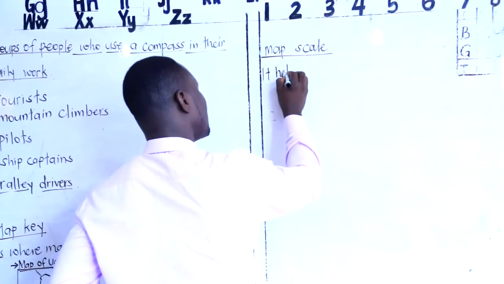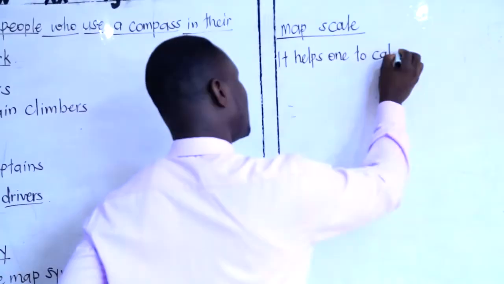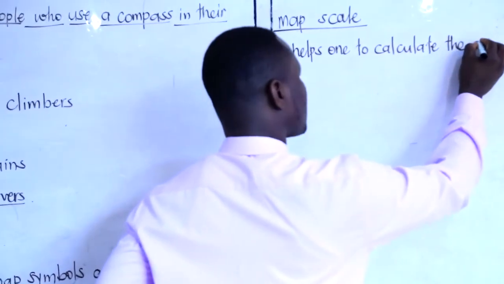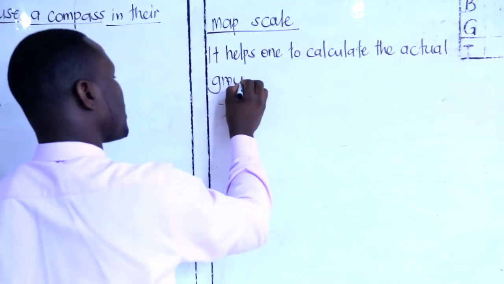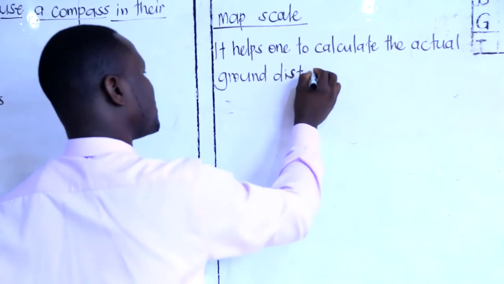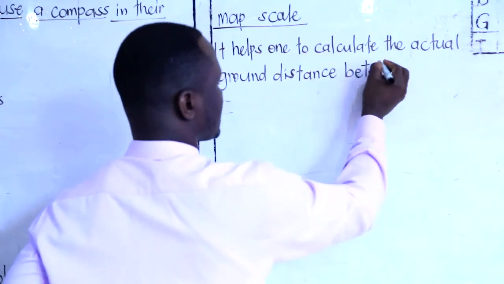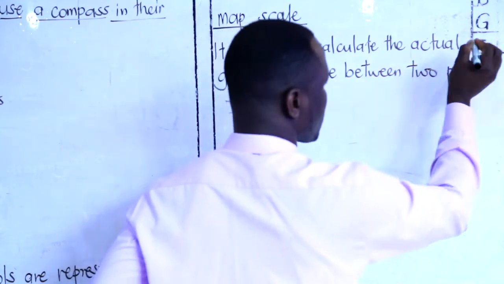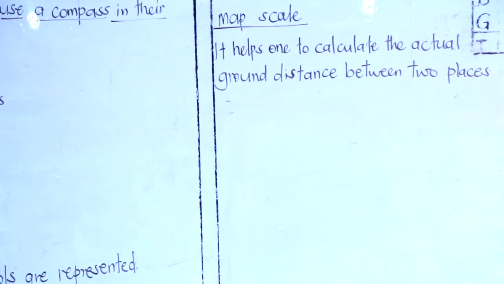It helps one to calculate the actual ground distance between two places. A scale helps one to calculate the actual ground distance between two places.